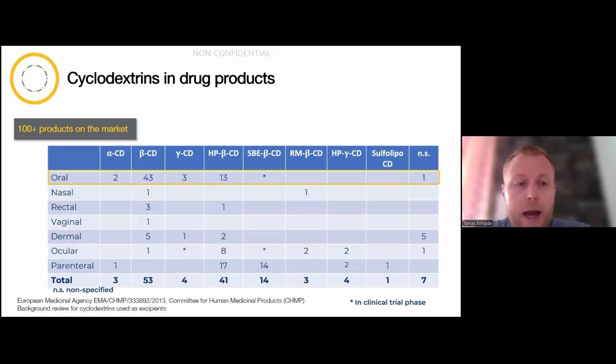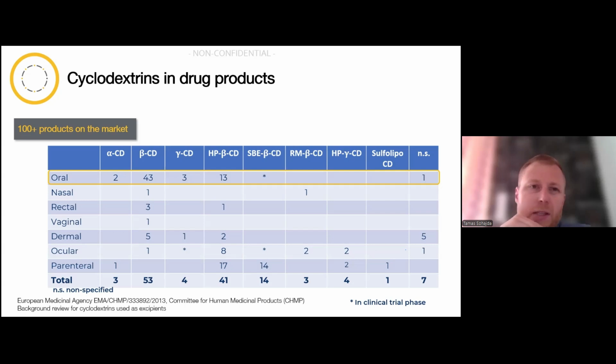When we look at the distribution of products with respect to administration routes, we can see that most of the products that are approved are for oral administration. So we'll have a large pool to pick from today. You can also see that beta cyclodextrin, the cheapest and most common one, has the most products on the market.